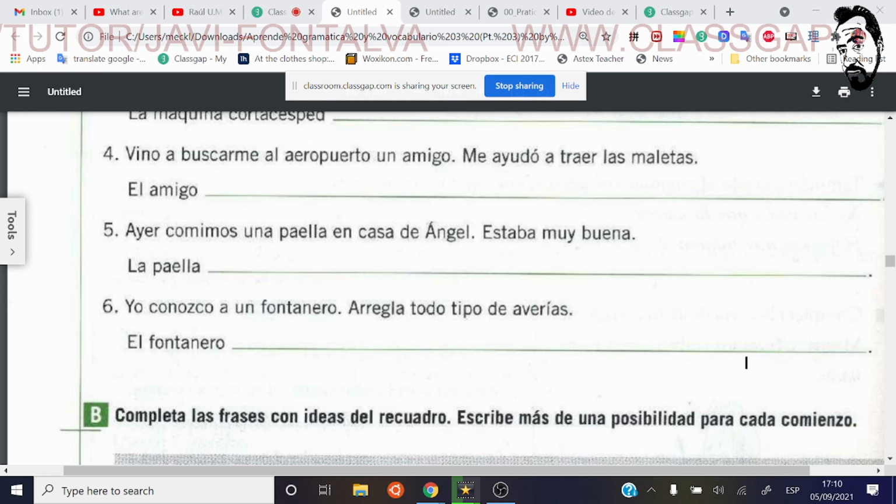Avería means like a problem at home. Okay. So he fixes every kind of problem, or malfunction, to be more precise. So avería is like a malfunction. Okay, it's okay, I think. Yeah, very easy, once you get that connected.